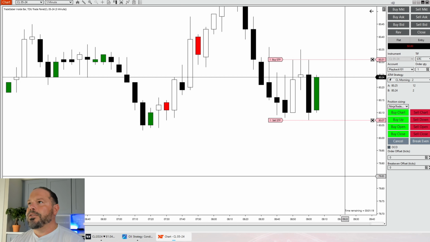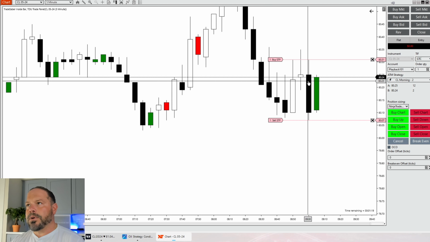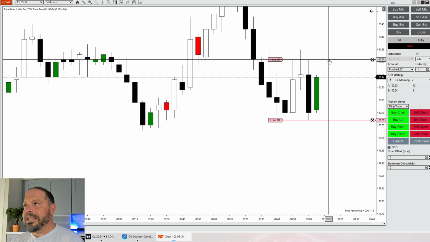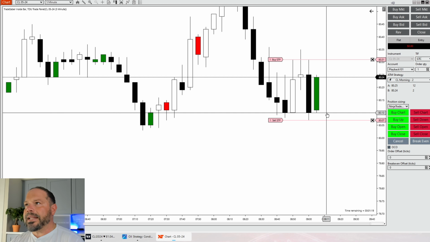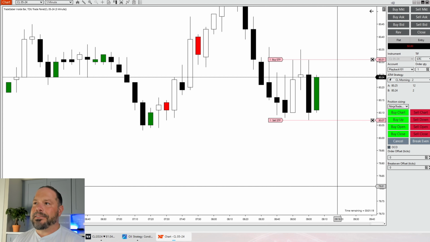Sell down. So what it does is it puts the orders at this source bar, which is the bar that we're going to use for our stop loss and our take profit. But once this bar closes, these orders will automatically drop to the top and the bottom of this candle. So it is the absolute fastest way to get into this trade manually.